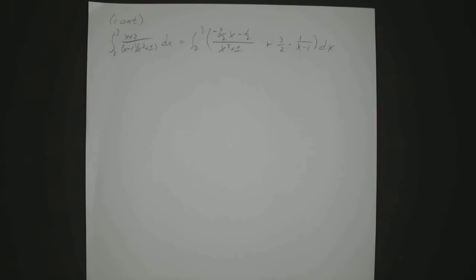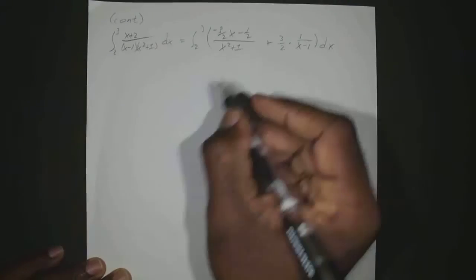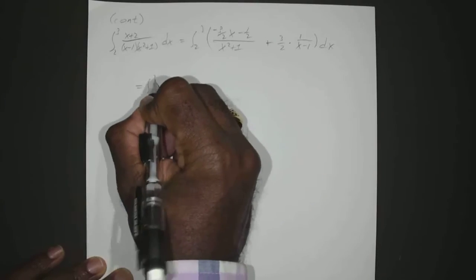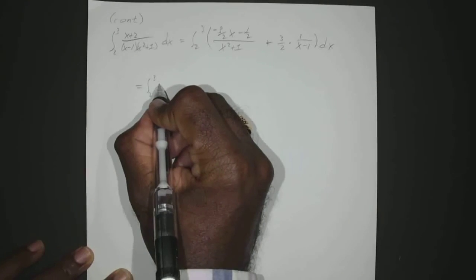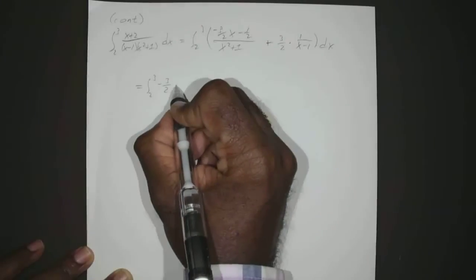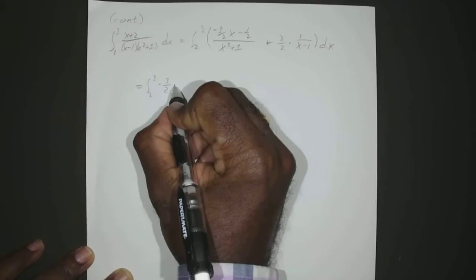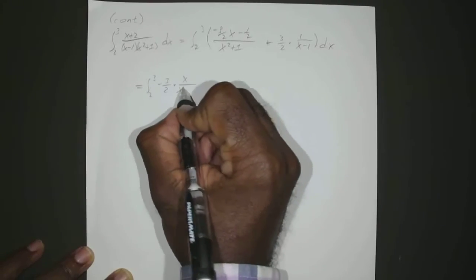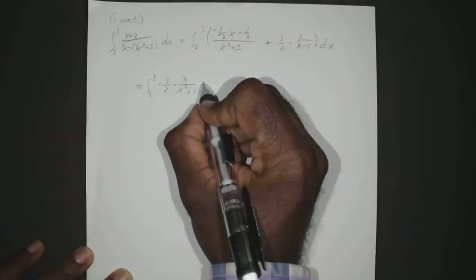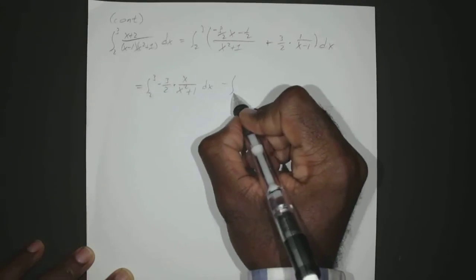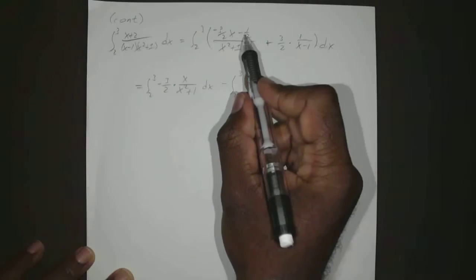Could you separate those and factor out a negative 1/2? Yep, that's exactly what we're going to do. We're just going to separate those two. So we can make that negative 3/2 times the integral from 2 to 3 of x over x squared plus 1 dx, minus the integral of negative 1/2.